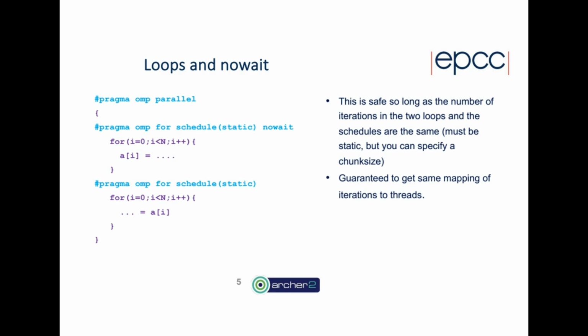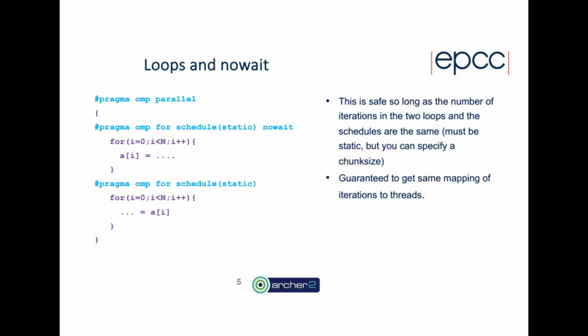Okay. So a question that comes up sometimes is, how reliable is it, what can I rely on, if I use a schedule clause on a work sharing loop? What guarantees do I have about the mapping of iterations to threads?